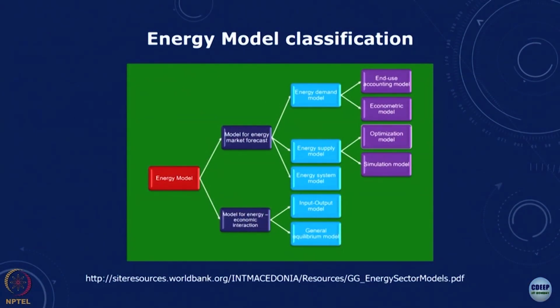There are models like Markov, and there are models which are computable general equilibrium models, and then there are models for estimating the demand based on end-use accounting and the econometric models. So there are a whole host of different models, and in this course we will have time to only look at one type of model. We will talk about the input-output model, which will give us a way in which we can analyze the impacts of the energy sector on the rest of the economy.